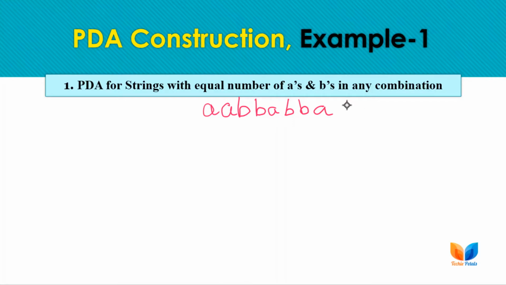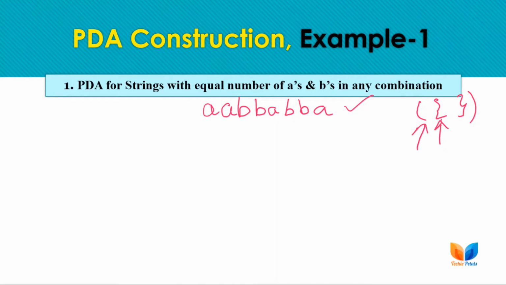So this example is very much similar to the PDA for the strings with balanced parenthesis, where we were having this type of parenthesis. Okay, so here as we were doing for this question, if we are having an opening parenthesis, then we were just performing the push operation for all the opening parenthesis.